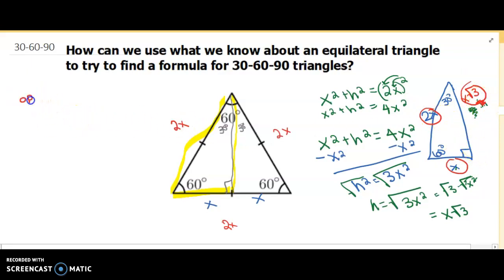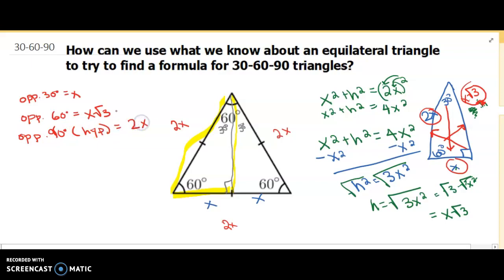Opposite of 30 degrees is x. Opposite of 60 degrees is x square root of 3. And opposite of my 90 degrees, the hypotenuse, equals 2x. If I have my x, I can plug it in and find my other sides.